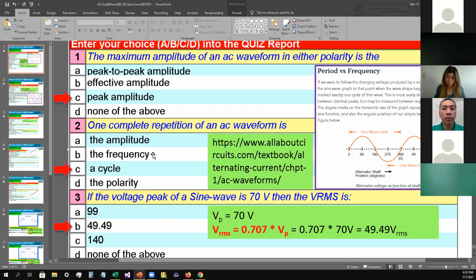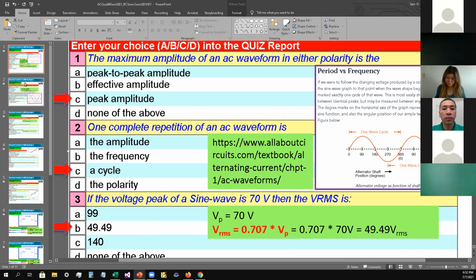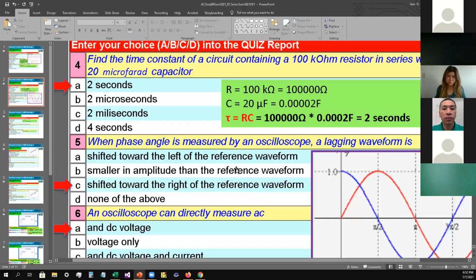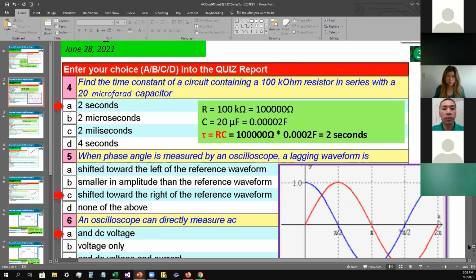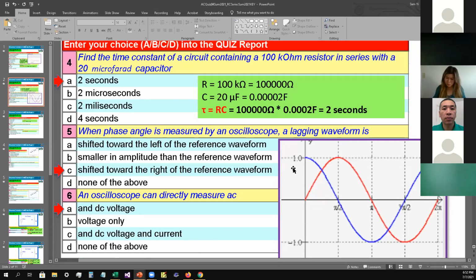Any question? No. Okay, next one. Number 4, find the time constant of a circuit containing a 100 kilo ohm resistor in series with a 20 microfarad capacitor.